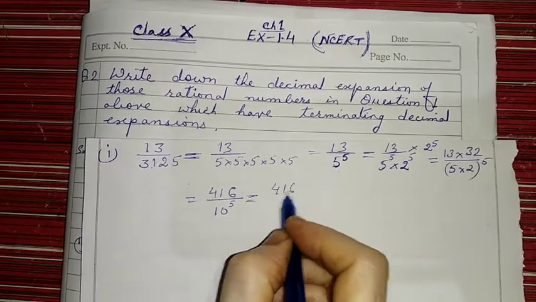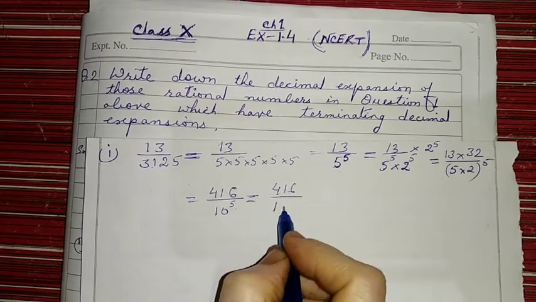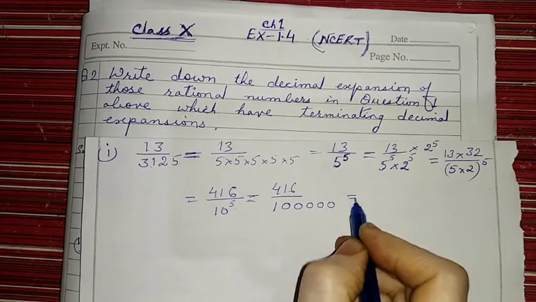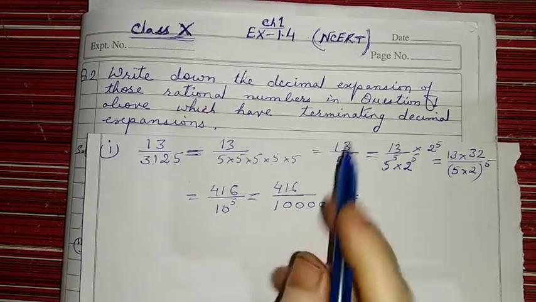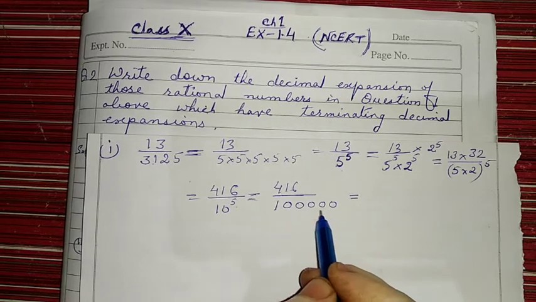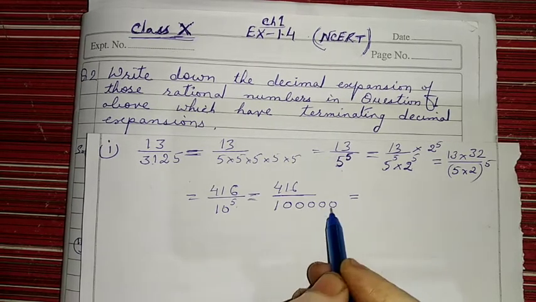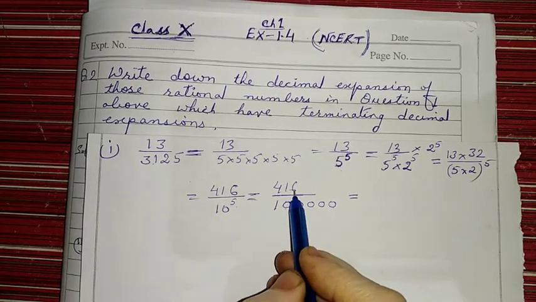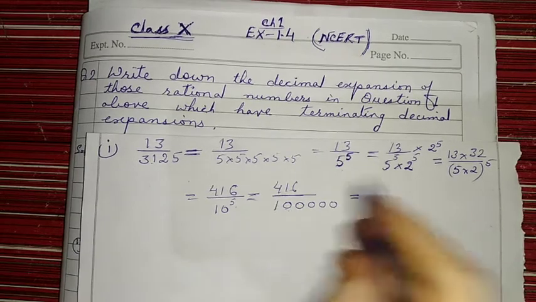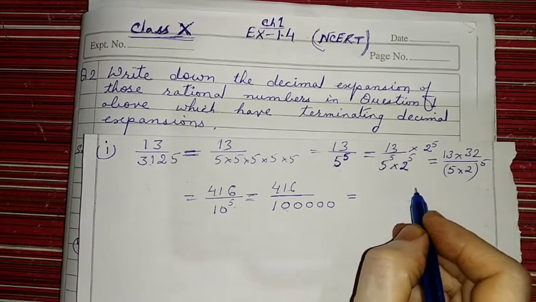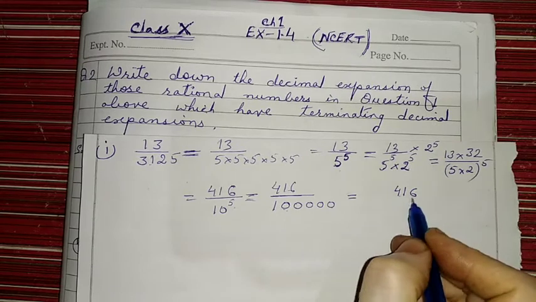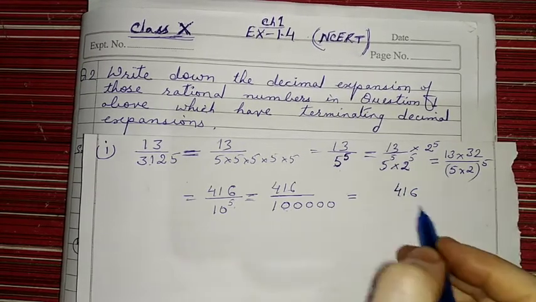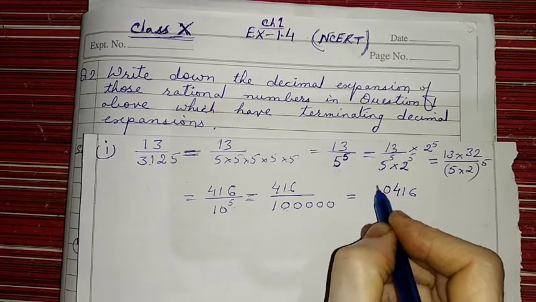Now 416 divided by 10 to the power 5 means 1 and five 0s: 1, 2, 3, 4, 5. If you are writing in decimal form, you count the number of zeros: 1, 2, 3, 4, 5. If five 0s are given, then the decimal point will be after 5 digits. But here we have only 3 digits, 4, 1, 6, so make it 5 digits.